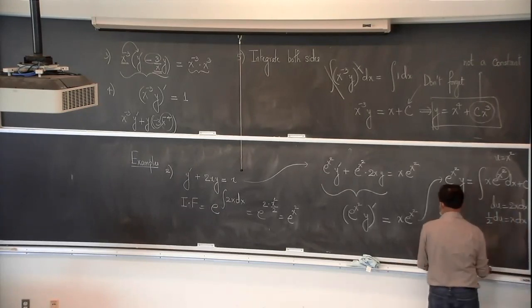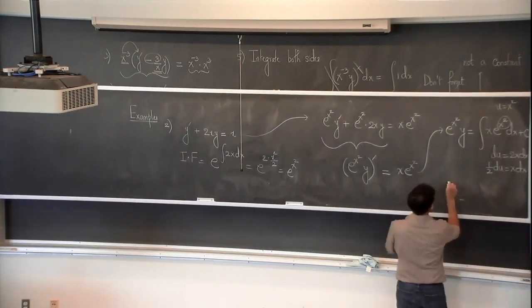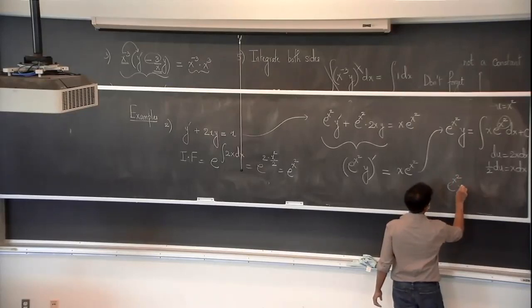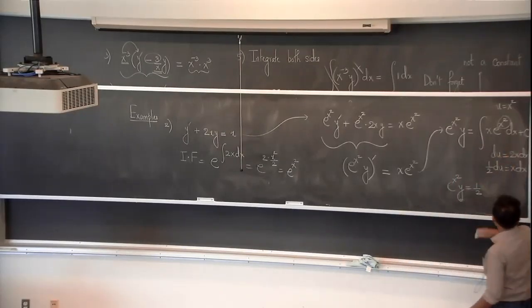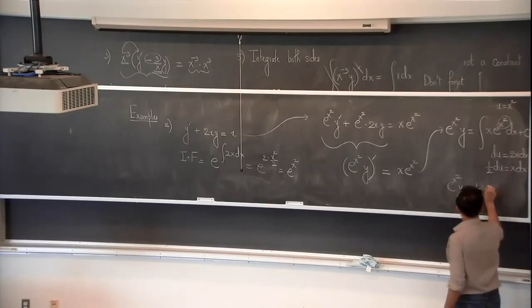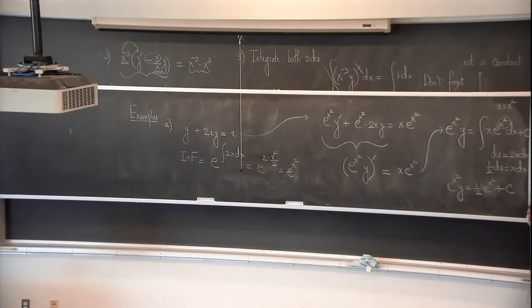So e to the power of x square times y equals one half times the integral of e to the power of u du, which is e to the power of x square, plus c. I did that a little fast, so if you need more steps, let me know. And divide both sides by e to the power of x square.